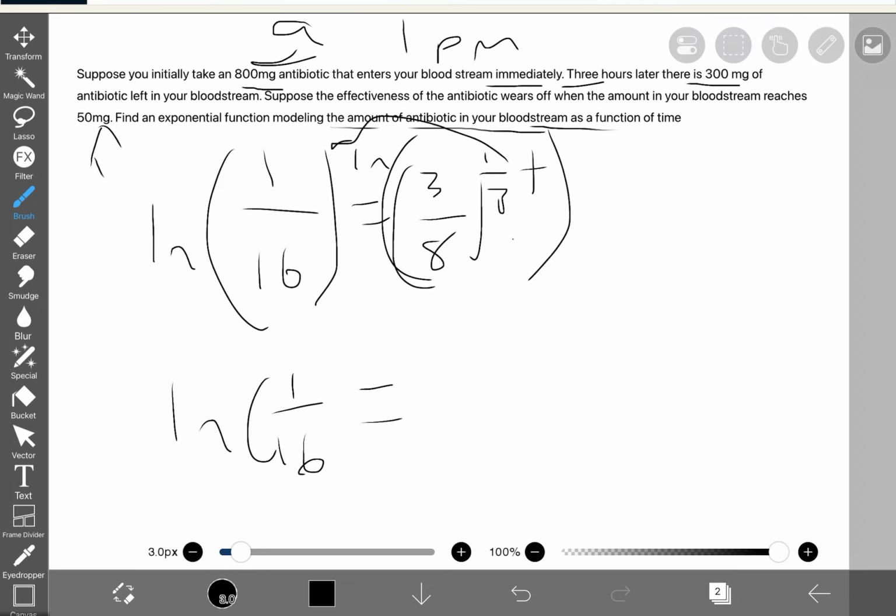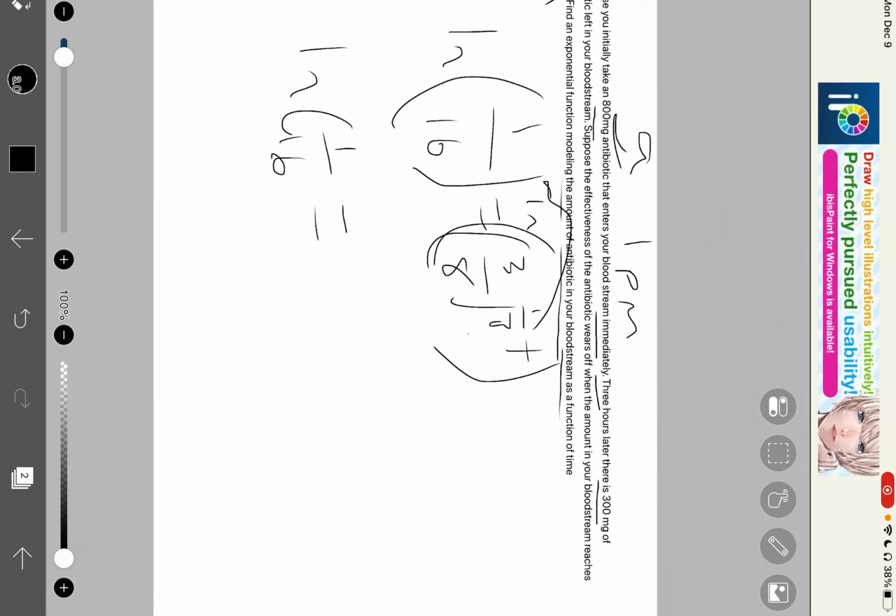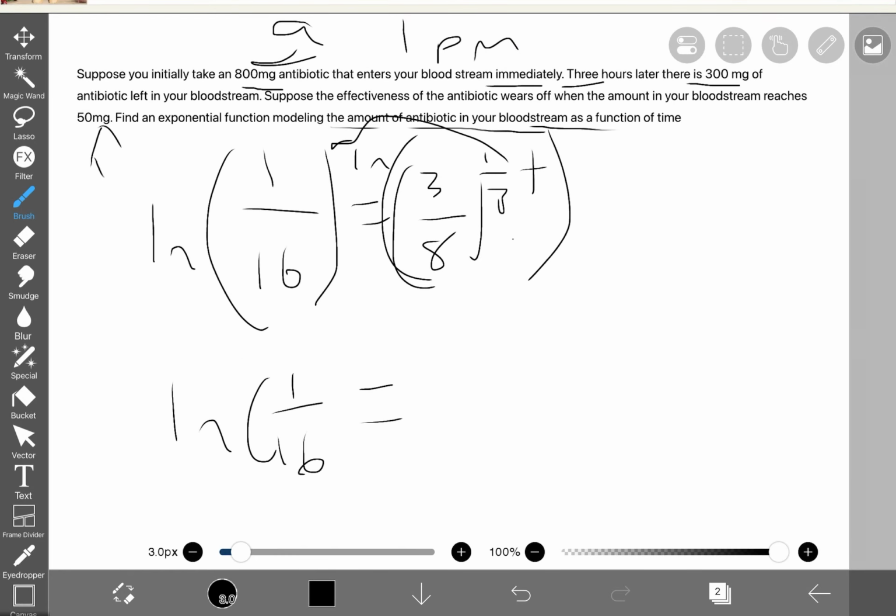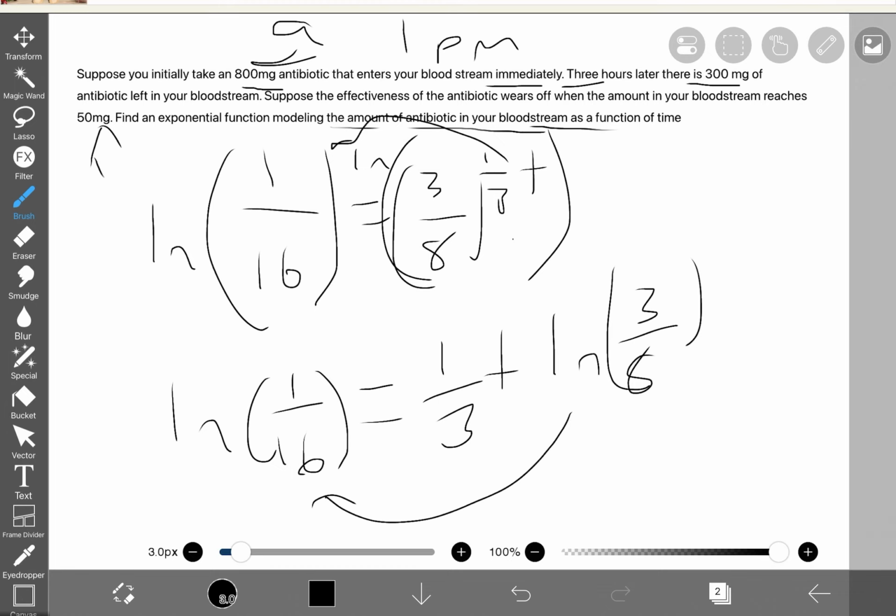You're able to move this over because an exponent inside of a log can just go to the front. And it really doesn't matter if it's natural log or log. I just think ln's a little cleaner in this situation because I went over logs last time. I don't want to make it confusing. And I'll go over natural logs in a later video. So 1/3 t times ln of 3 over 8, right?